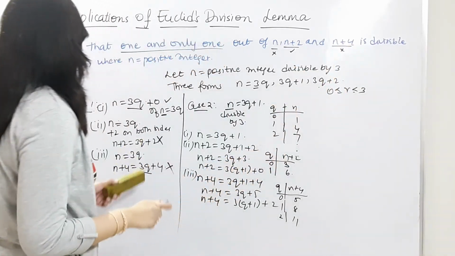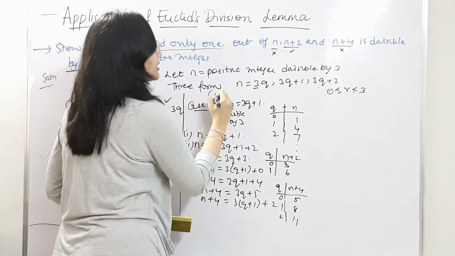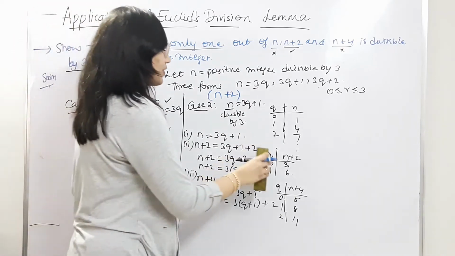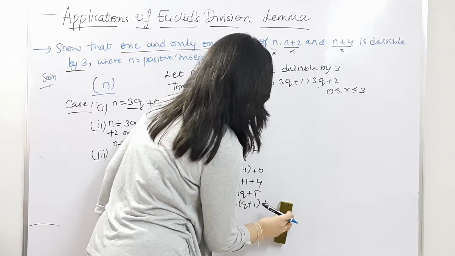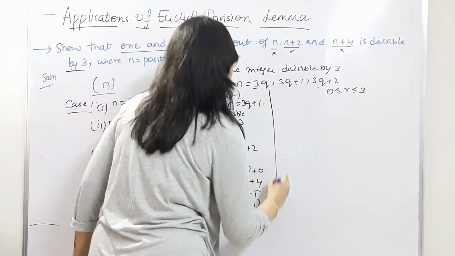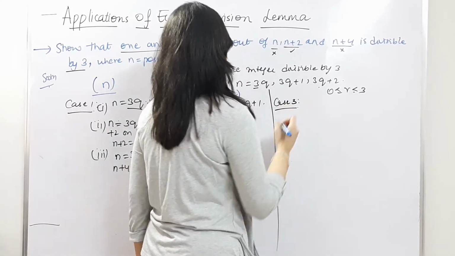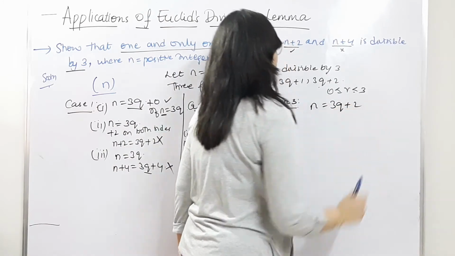So we can say that in this case n plus 2 is possible, and let's see the third case, where we'll show that only one number is divisible by 3. Now the last case is case 3, where n is equal to 3q plus 2.